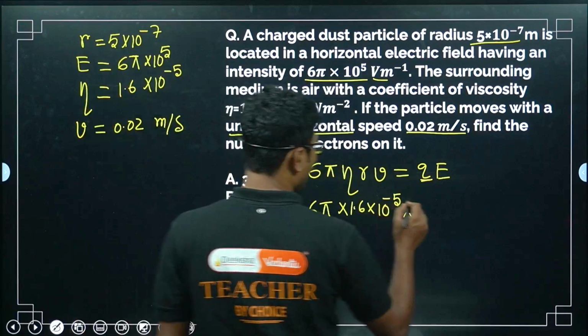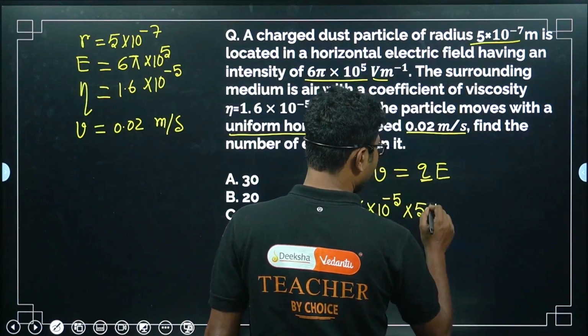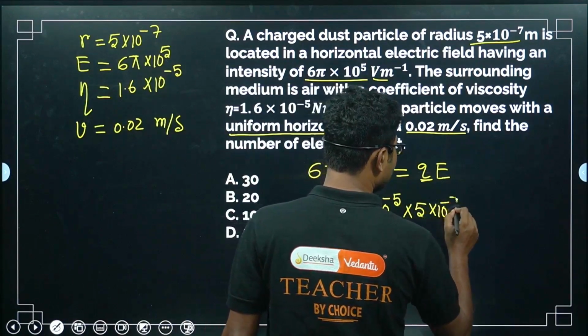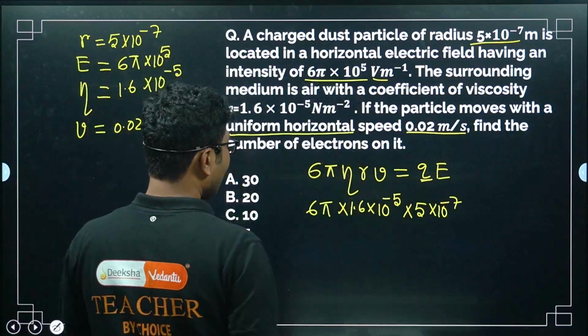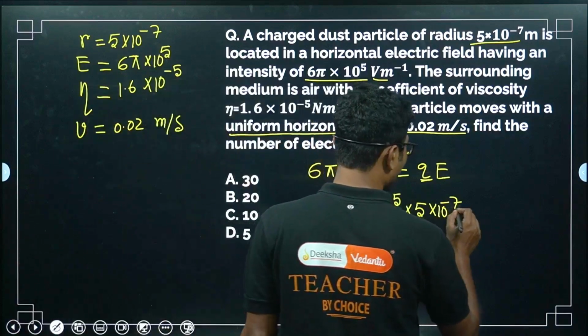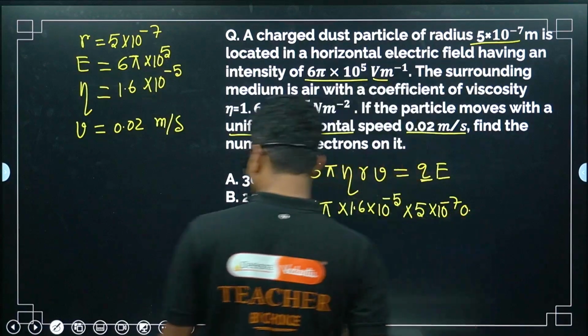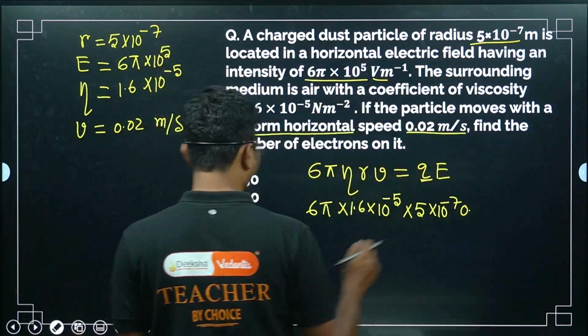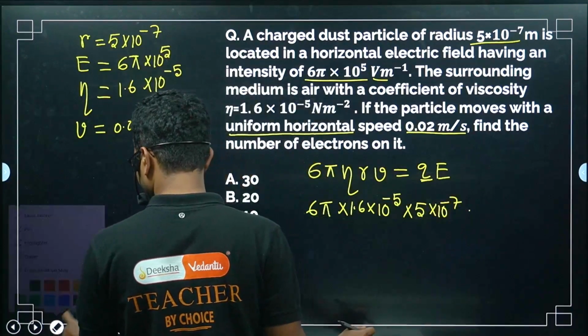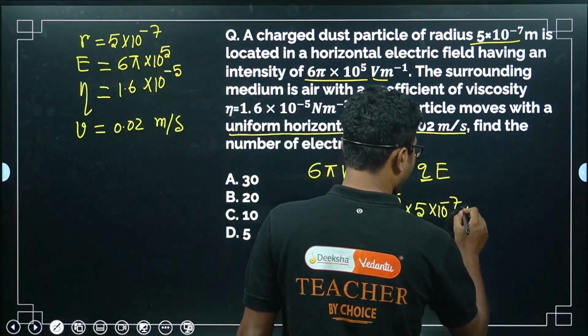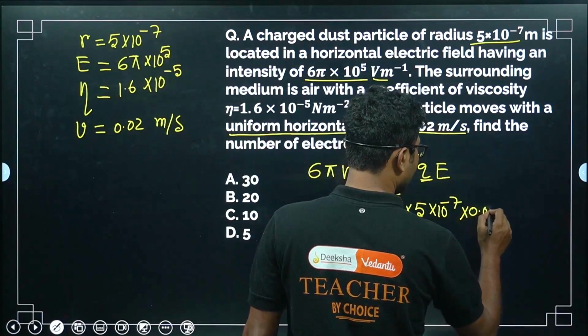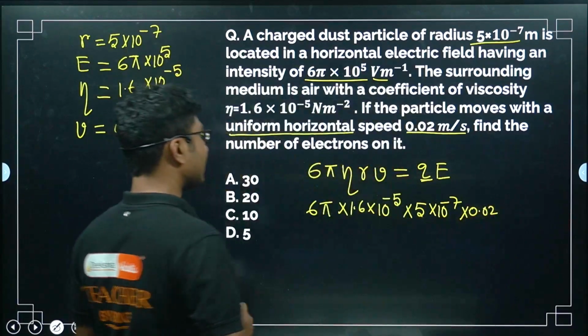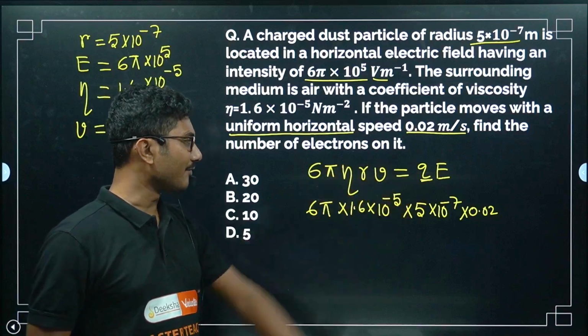R is given 5 times 10 to the power of minus 7, right? And what else? V. V is 0.02. So it will be multiplied. Okay, so this is the 6 pi eta RV.